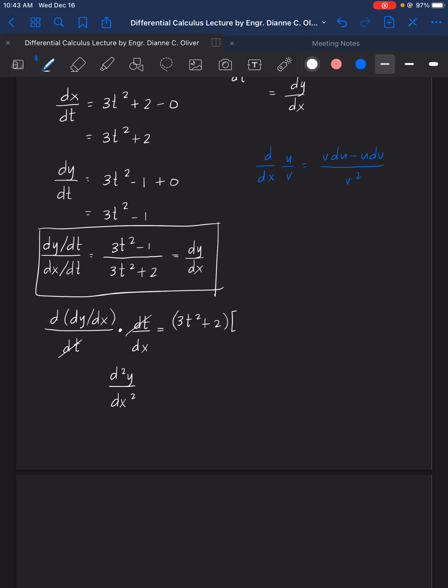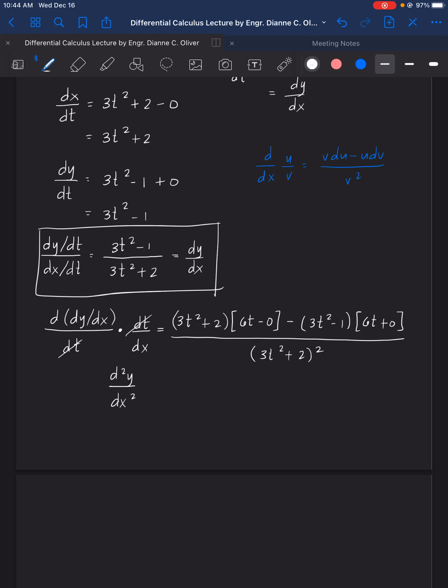Then the derivative of the numerator, so we have there 6t minus 0, of course. Then minus, we copy the upper part of the numerator, 3t squared minus 1. Then the derivative of the denominator, which is 6t plus 0. That is over the square of the lower part, 3t squared plus 2.